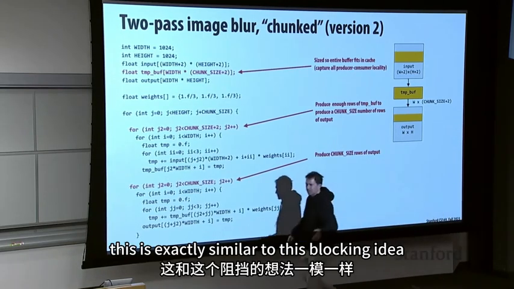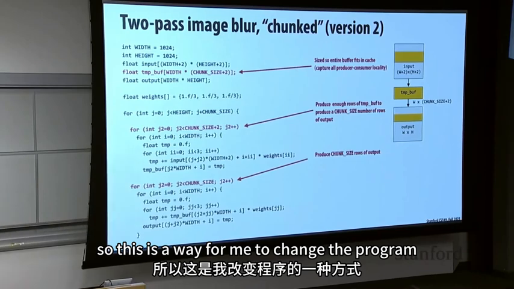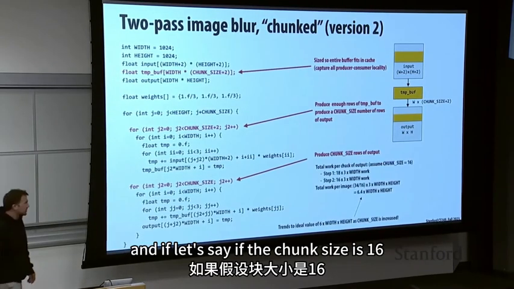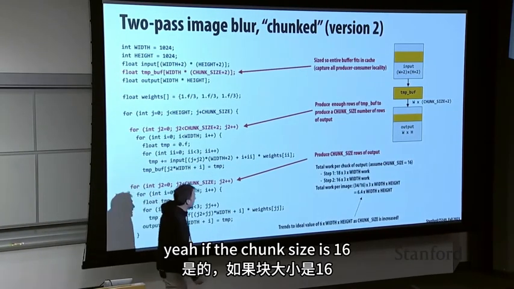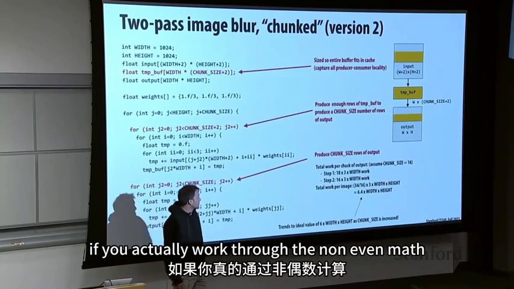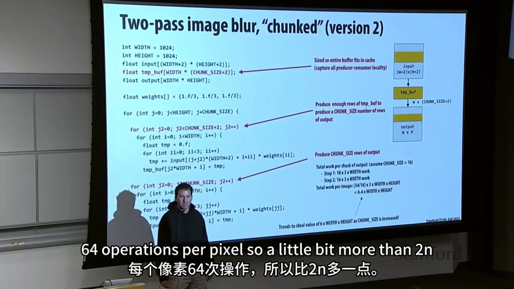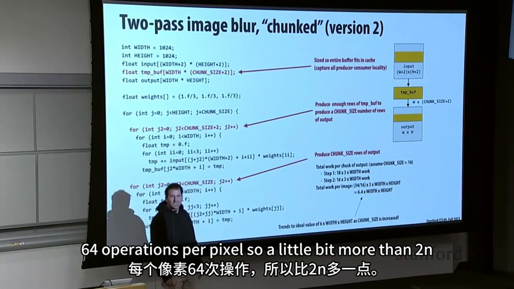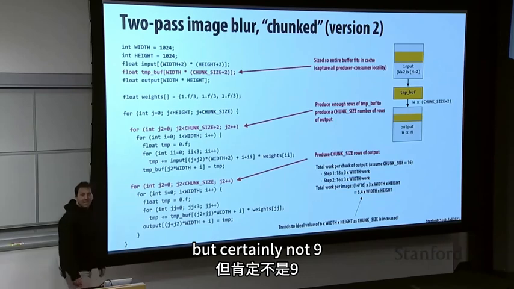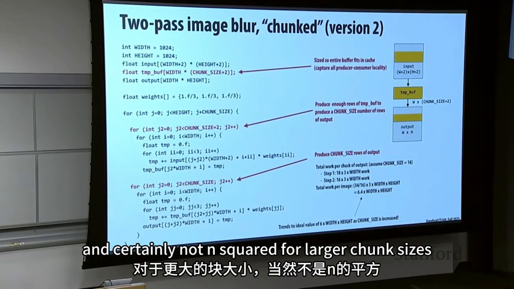Right? This is similar to this blocking idea. So this is a way for me to change the program. And let's say the chunk size is 16, if you actually work through the non-even math, it's about 6.4 operations per pixel. So a little bit more than 2n, but certainly not 9, and certainly not n squared for larger chunk sizes. Cool.